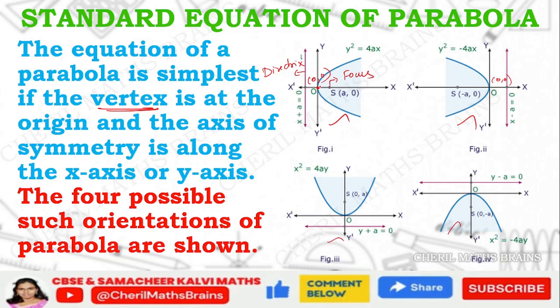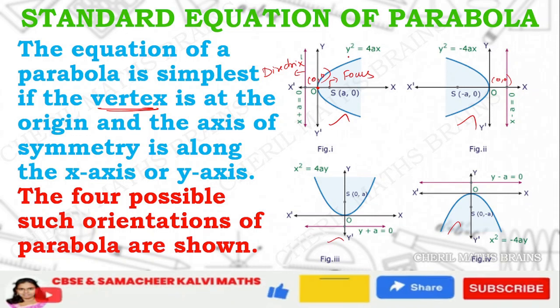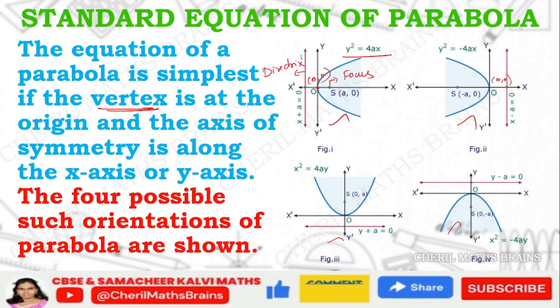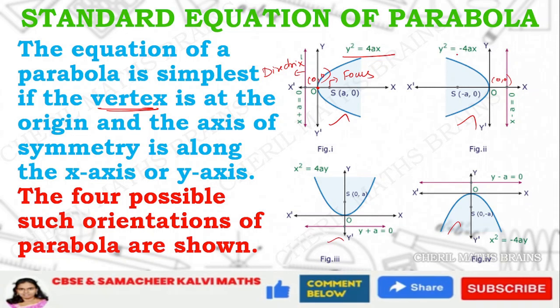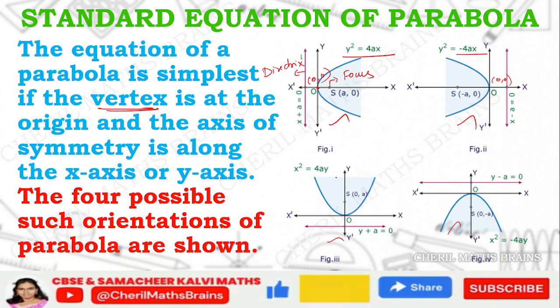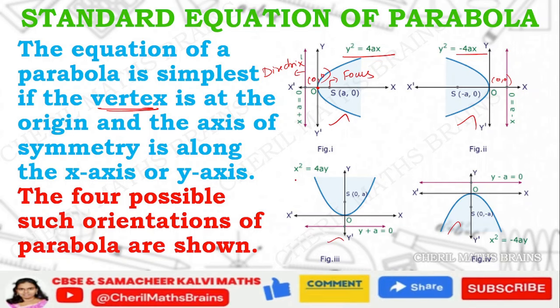When the axis is the x-axis, the standard equation will be y square equal to 4ax. Same thing when it is the negative x-axis, it will be y square equal to minus 4ax. Same when the axis is the y-axis, it will be x square equal to 4ay, and here again x square equal to minus 4ay.